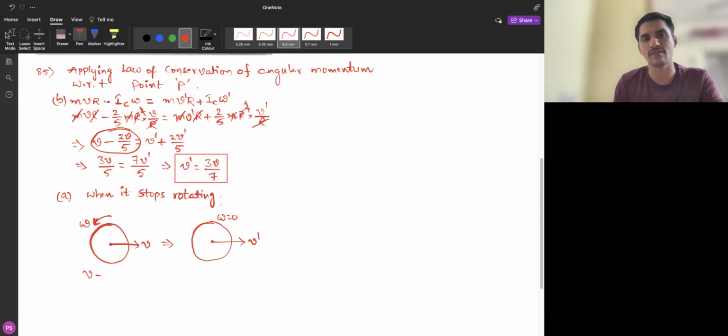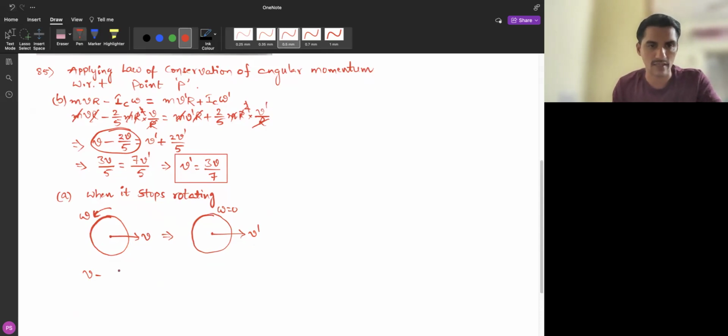In the first case only we have calculated MVR minus I C omega, MVR minus 2 by 5 MR square into V by R. That is the first case actually. So I'm just taking V minus 2V by 5, it is for the first case. Or else write it clearly, because again it has to be cancelled out. MVR minus 2 by 5 into MR square into V by R, which is equal to.